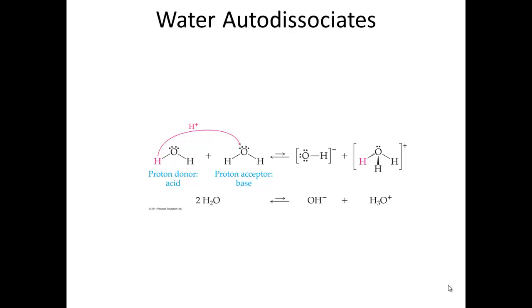So first of all, you should know that water actually auto-dissociates, or auto-ionizes, on its own, and that happens naturally. What that means is, in this example here, one water molecule donates a proton to another water molecule, and that gives you a hydronium ion and a hydroxide ion.